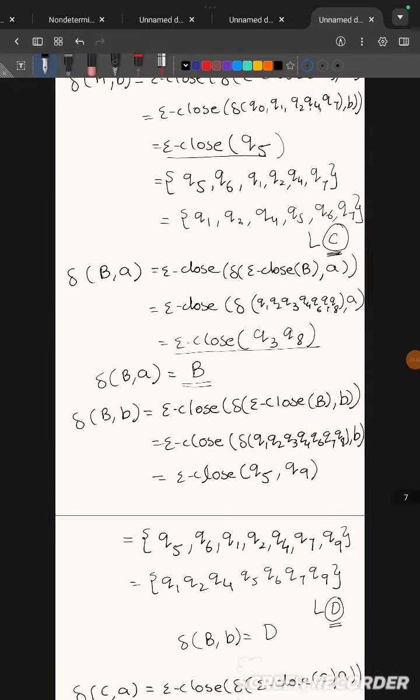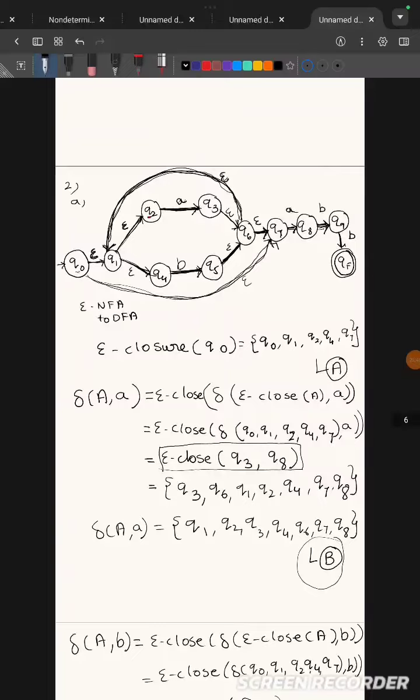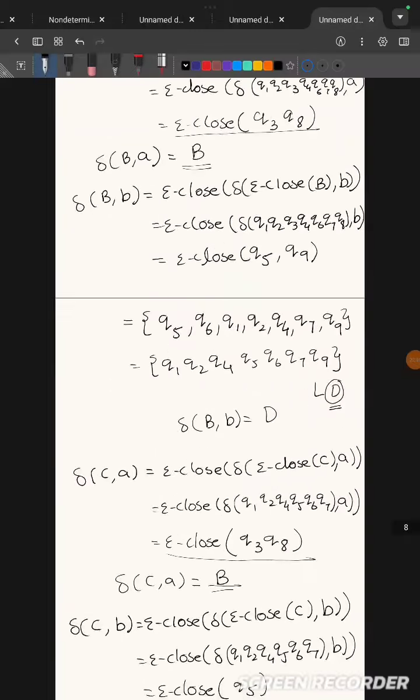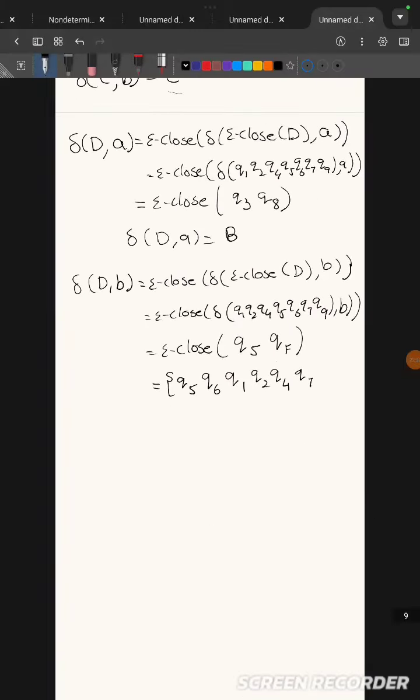QF, you can check. QF is the final state. It doesn't have any more transition, but epsilon closure of the state will definitely contain the state itself, so we will include QF also. Now if I rearrange, it is Q1, Q2, Q4, Q5, okay, Q6, Q7 and QF.